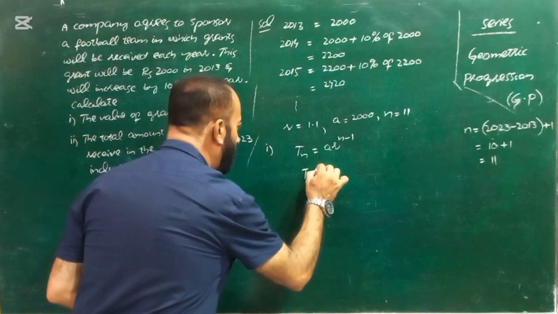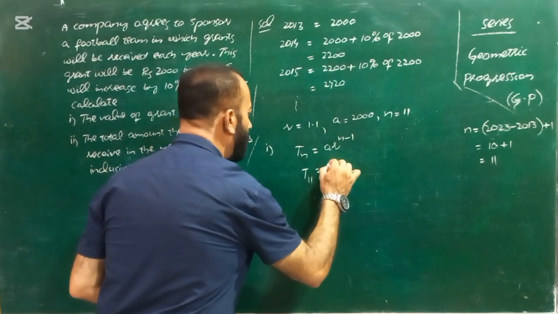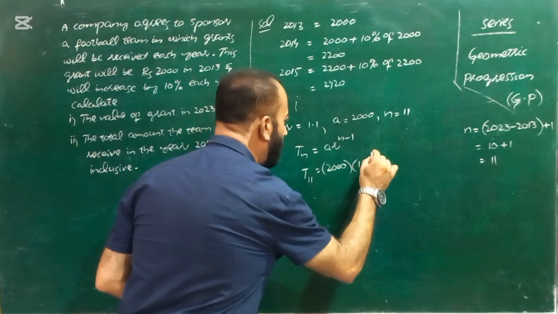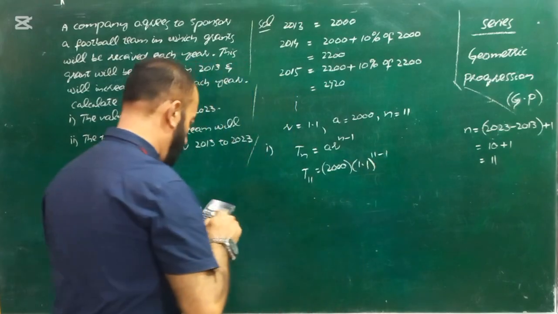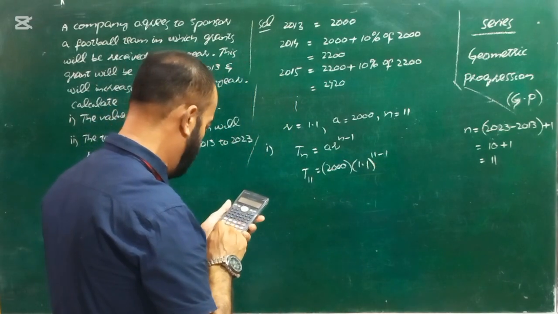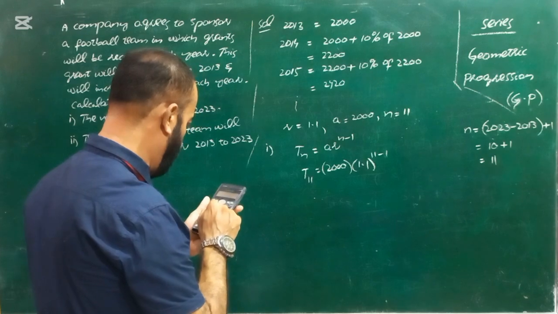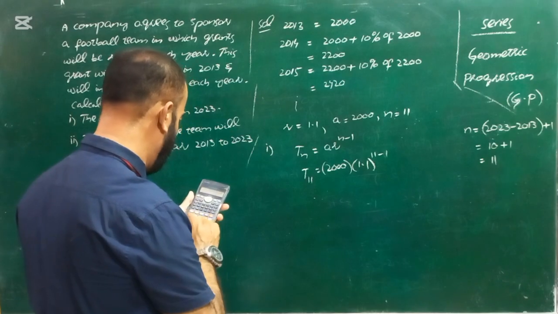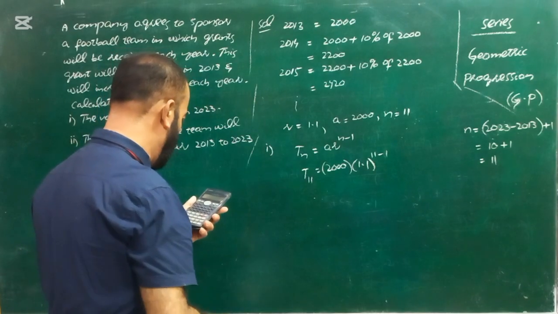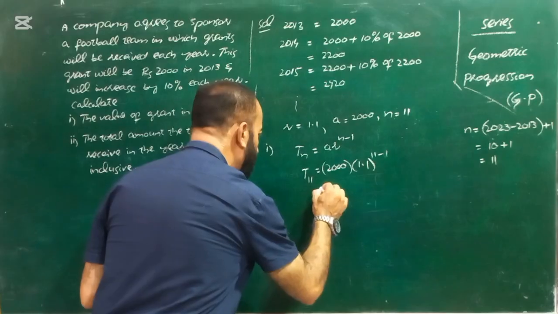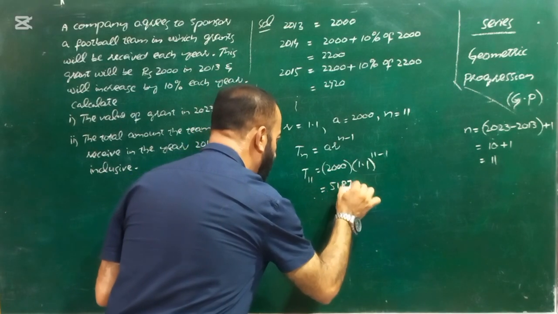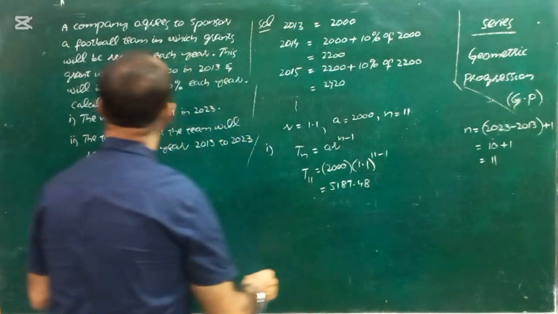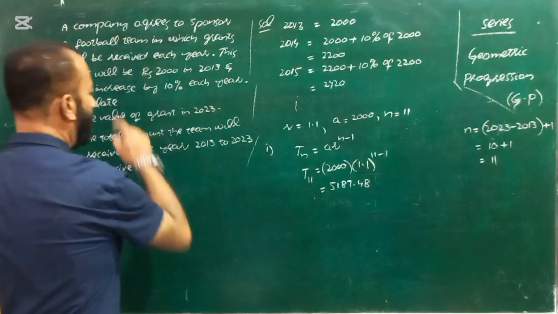So T11 will be equal to A is 2000, r is 1.1 raised to the power 11 minus 1. So 1.1 raised to the power 10 multiplied by 2000. The answer is 5187.48. So this is the answer. Unit is in rupees.